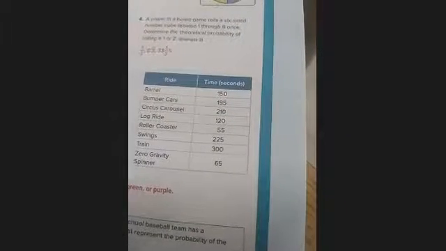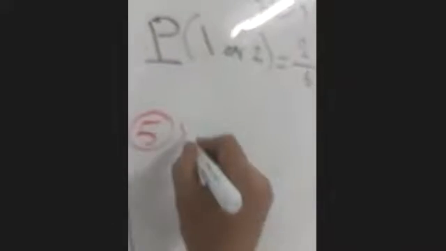This girl Zain wants to ride one of them that lasts less than what? 200 seconds. Do you understand it? So here we want the probability of less than 200.